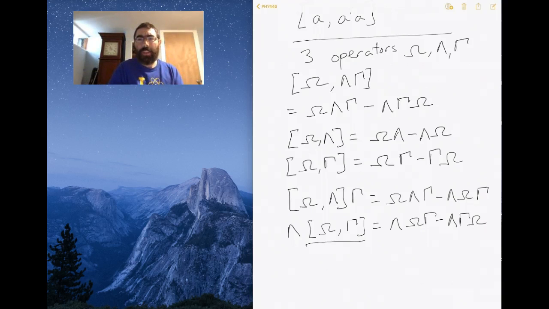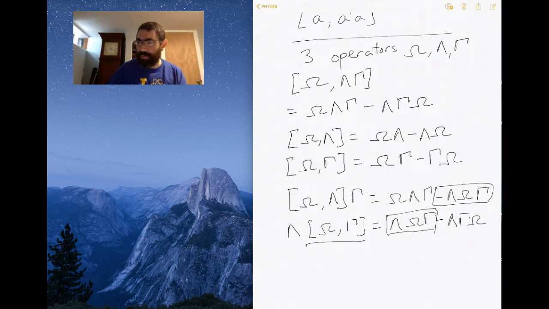Okay. So now if I take a look at this, I have a lambda, omega, gamma in both terms. And one is negative and one is positive.